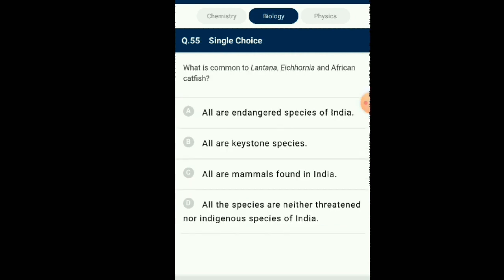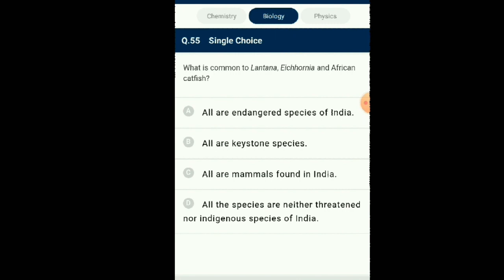Question number 55. What is common to Lantana, Eichhornia, and African catfish? Eichhornia is commonly called water hyacinth, and African catfish, that is Clarias gariepinus.